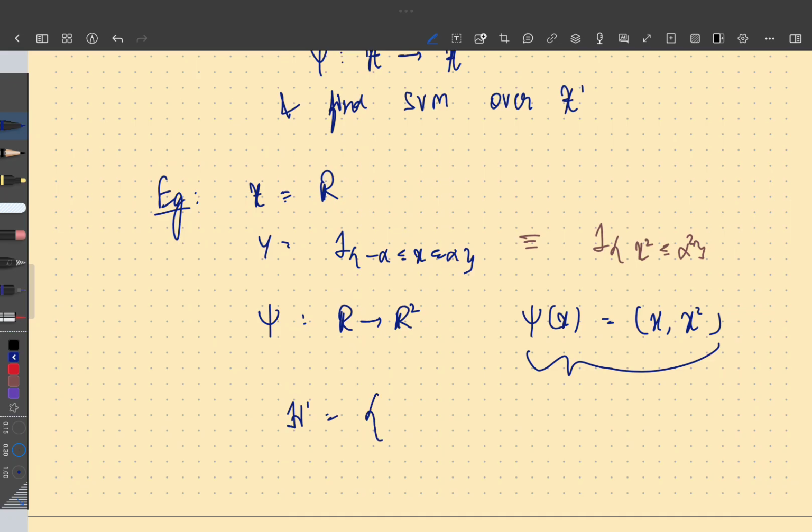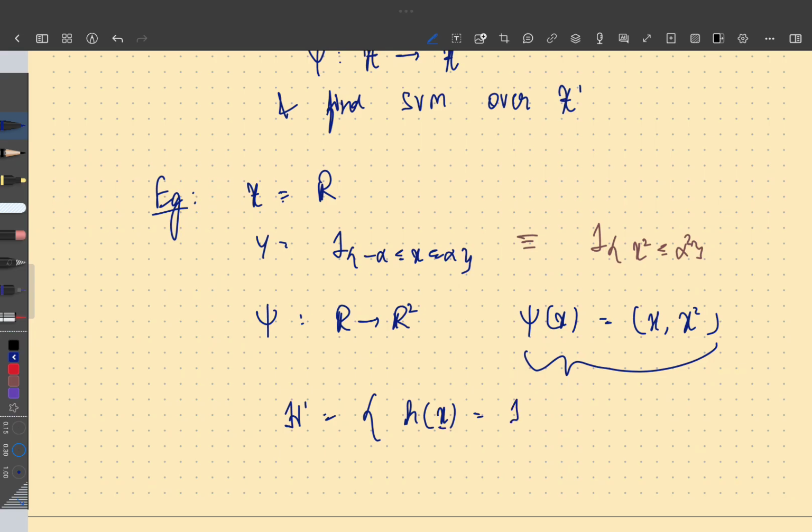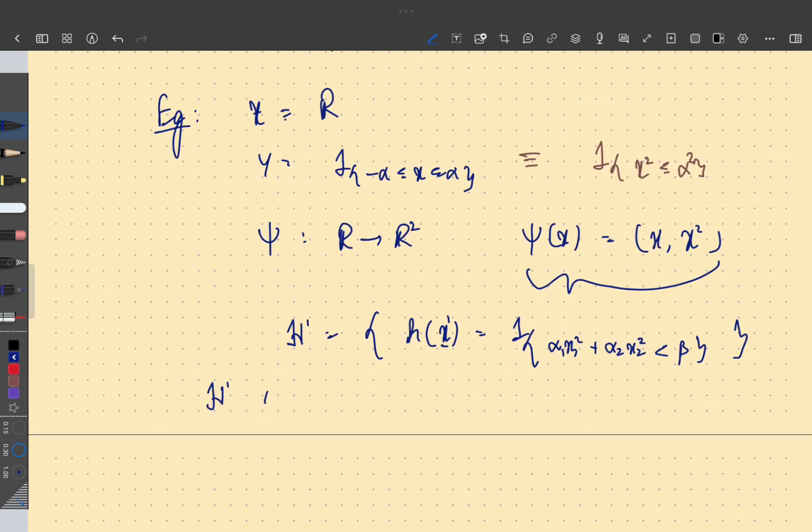So you consider a new hypothesis class. Once again, we're only looking at linear classifiers, except that I have this embedding first, and then a linear classifier over this higher dimensional space.